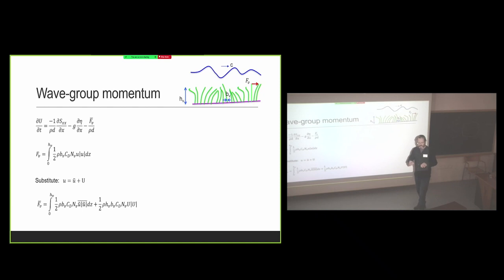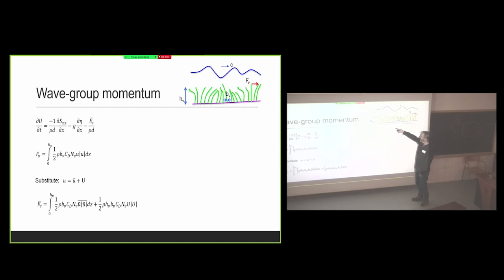And I'm going to do this again at the wave group scale. You can do this at, let's say, the wave average scale, but you can also do it at the wave group scale, and you can do it at the intra-wave scale. So remember again, this is at the time scale of the wave groups and therefore infragravity waves. So this is also modulated at the time scale of the infragravity waves. And we have an interaction with vegetation. What you see over here is basically the drag that is exerted on the vegetation.